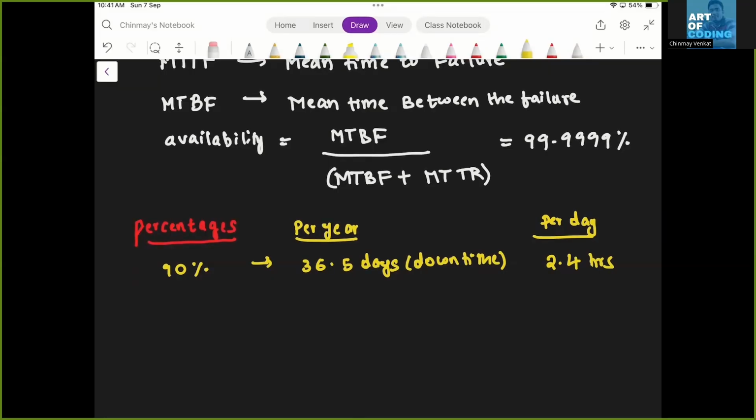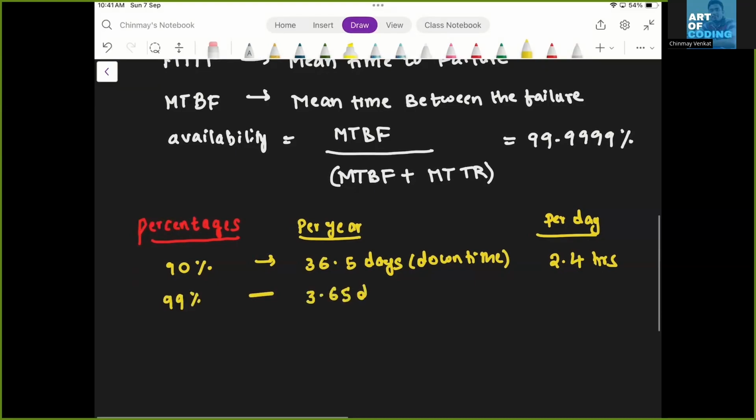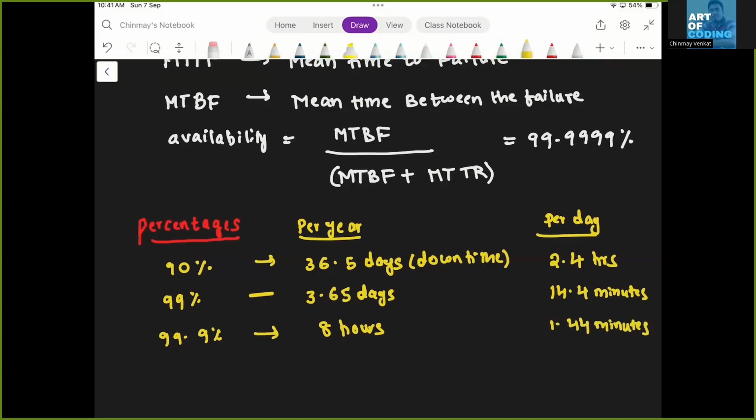If your application has 99% availability, then there are 3.65 days per year of downtime, and per day 14.4 minutes. If your application is 99.9%, then per year there are 8 hours of downtime and 1.44 minutes per day.